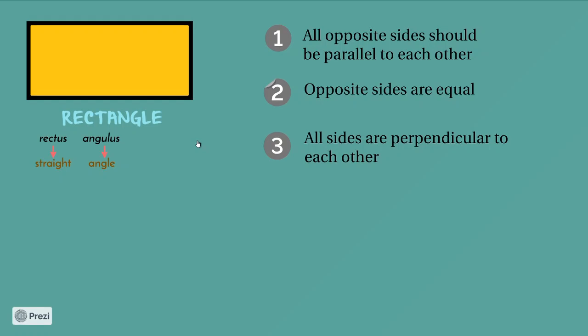Okay, now we have the rectangle with us. Now we see that only the opposite sides are equal to each other, but what if I try to make all the sides equal? If I make all the sides equal to each other, then it becomes a square.